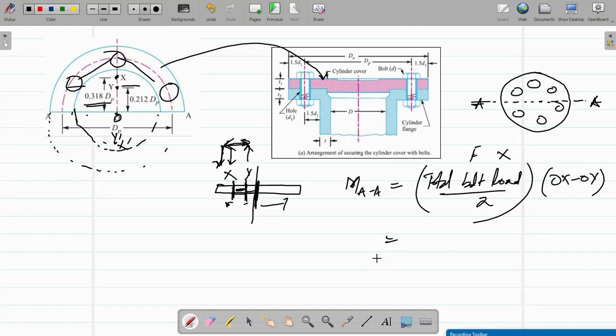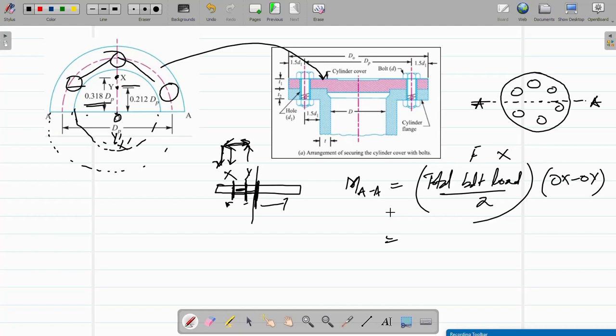Now, total bolt load. How do we find the total bolt load? Just hold on.